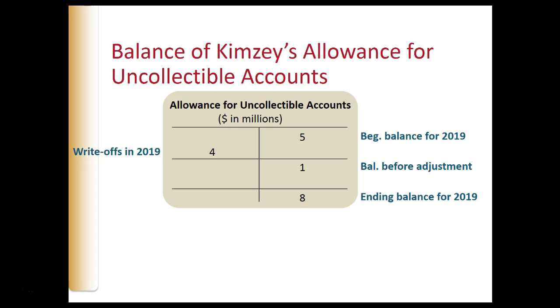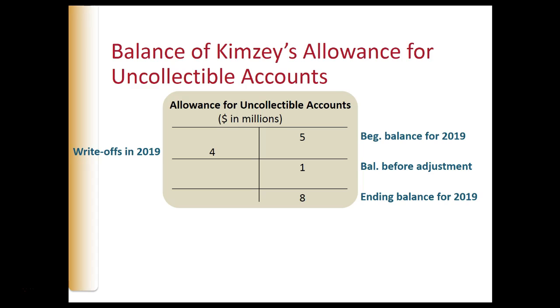Now suppose that in 2019, Kimsey bills customers for services totaling $80 million, and $30 million are still receivable at the end of the year. Of those $30 million still receivable, Kimsey uses the aging method and estimates $8 million will not be collected.